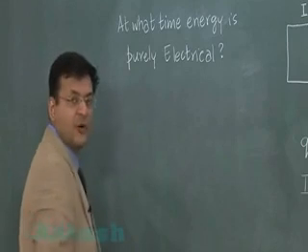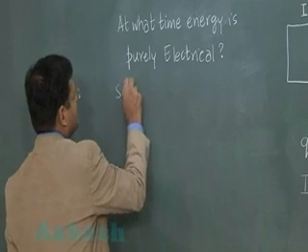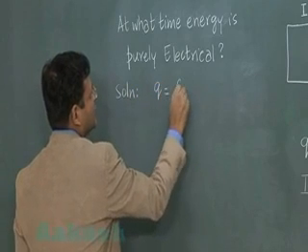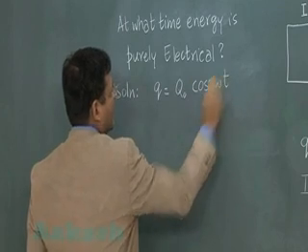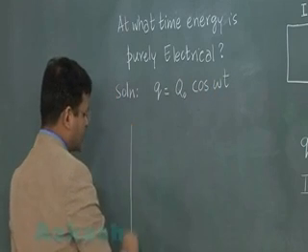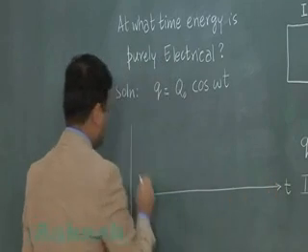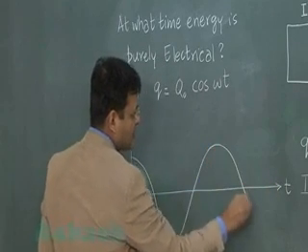Electrical energy is involved with the charge. If you have the expression of charge as Q naught cos omega t, and you try to plot this expression of charge as a function of time, then it will be something like a cos curve.